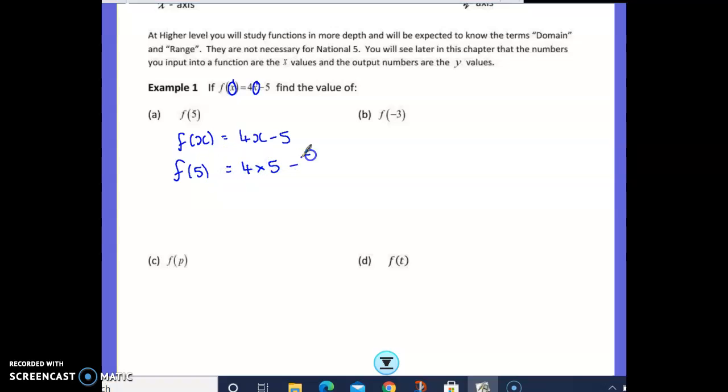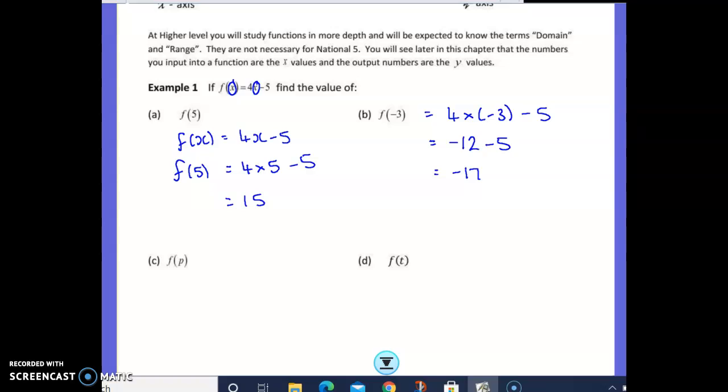So I get 4 times 5 minus 5, which is 15. Try the same with negative 3. F of negative 3 is 4 lots of negative 3. Take away 5. 4 times minus 3 is minus 12. Minus 12 take away 5 is minus 17.